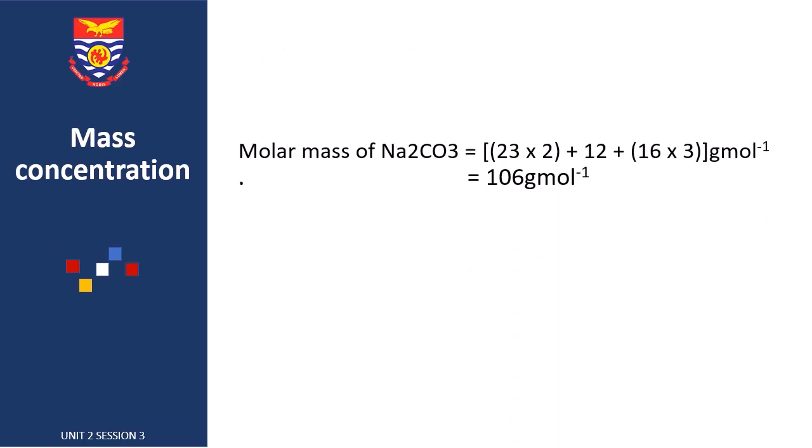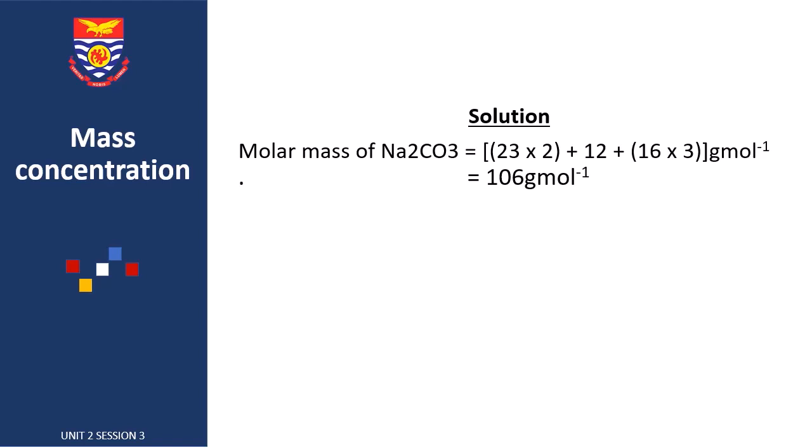We need to find the molar mass of the sodium carbonate. Just like we have been doing, we do the same here, and we have 106 grams per mole. Then we can go for our relation: mass concentration is equal to amount concentration times molar mass, and that gives us 79.5 grams per cubic decimeter.